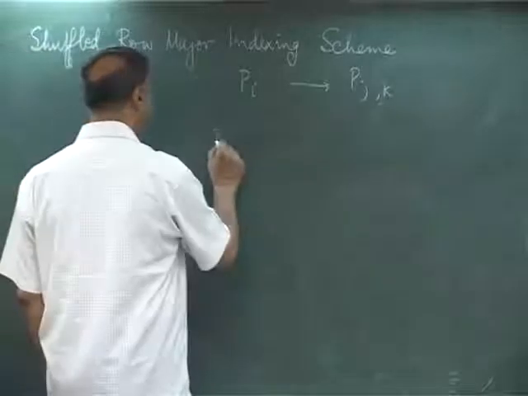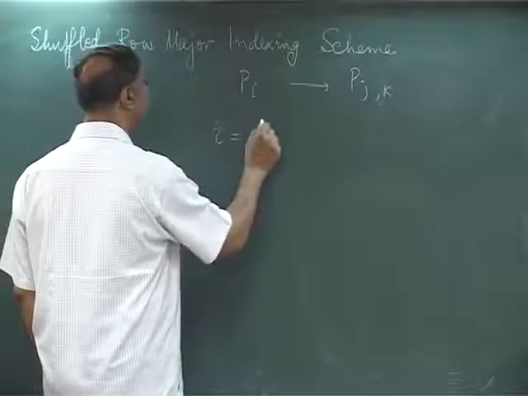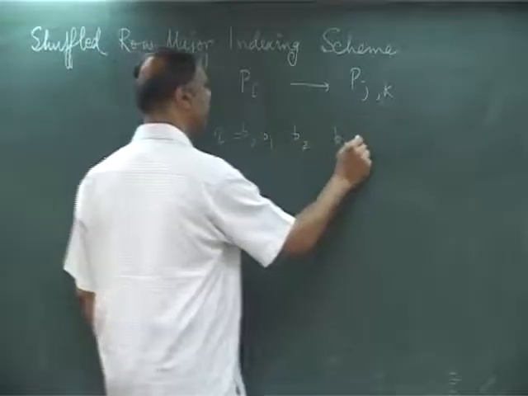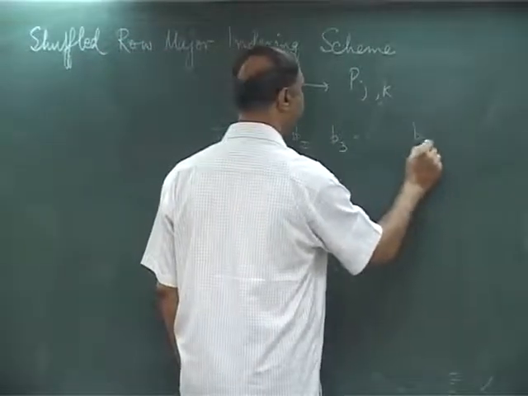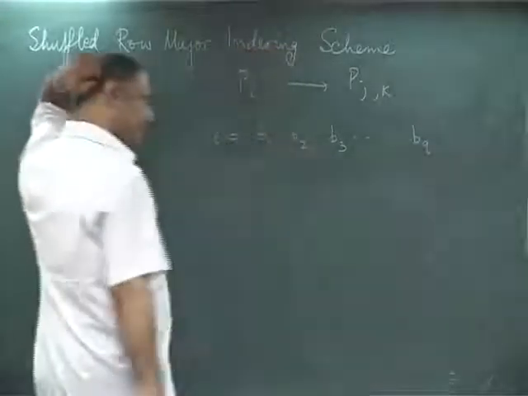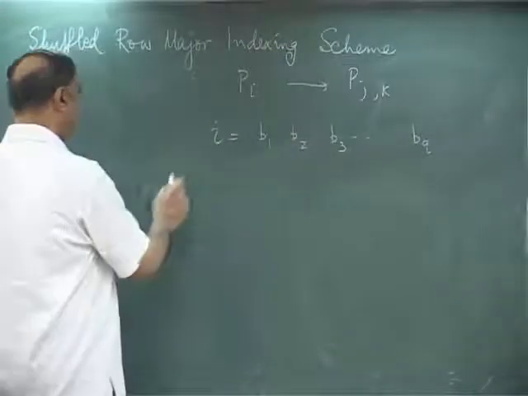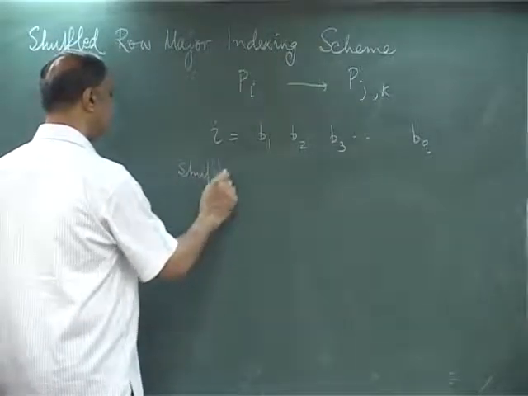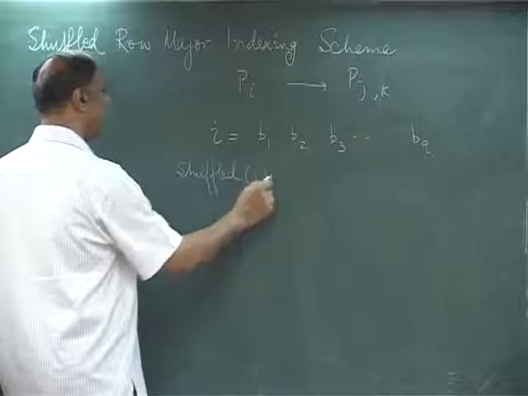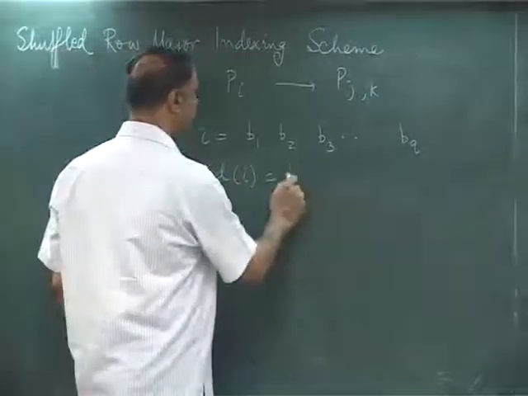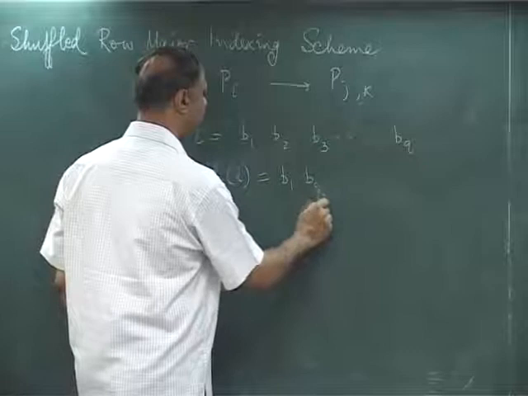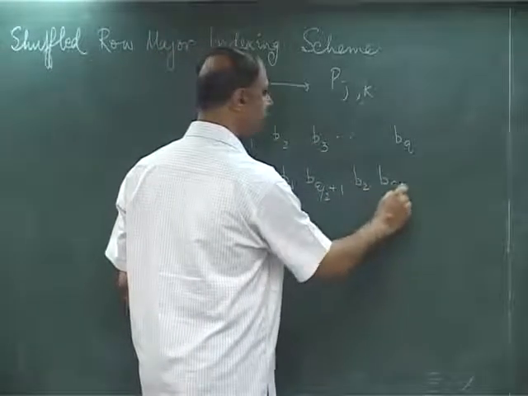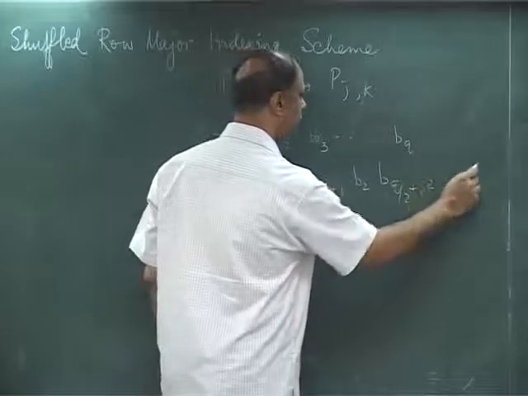And the binary representation of i is B1, B2, B3, up to Bq. Then shuffle of i is defined by B1, Bq by 2 plus 1, B2, Bq by 2 plus 2, up to Bq by 2.